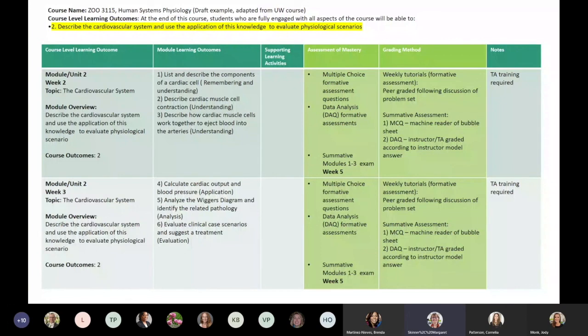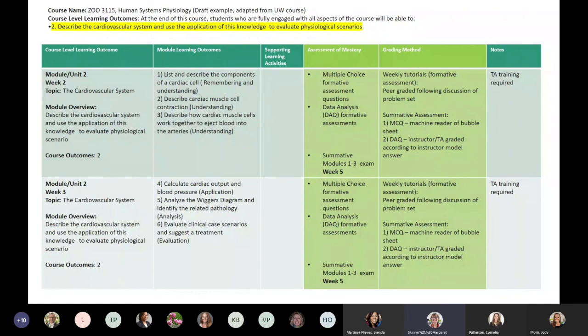So it's okay for us to include these here, although we Bloom our multiple choice tests. We make sure that they're reasonably complex. But as they're practicing these skills within the modules, we're giving them multiple choice formative assessment questions, which are mostly lower level Blooms, but they can go up and do more in-depth ones.